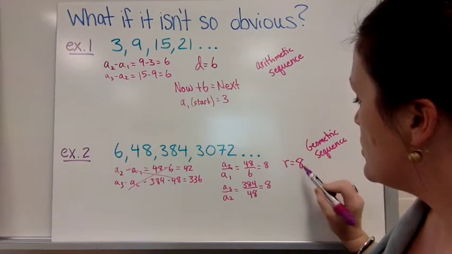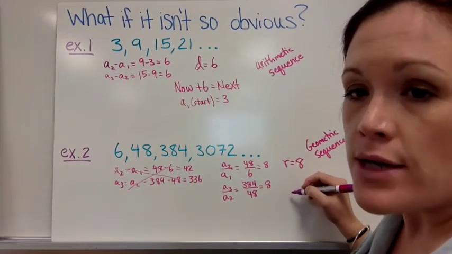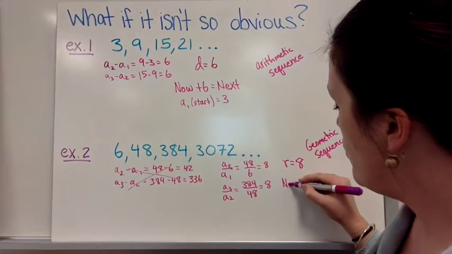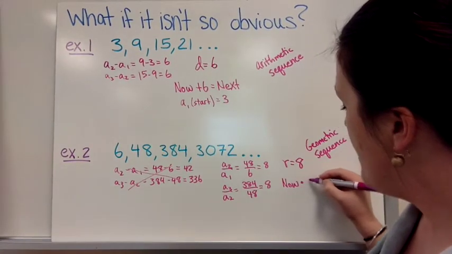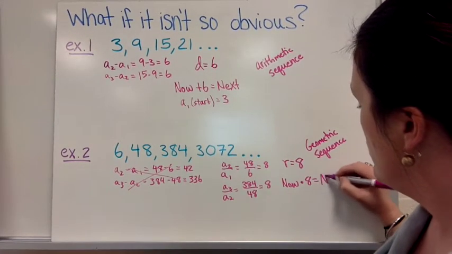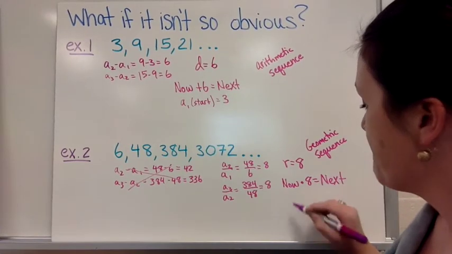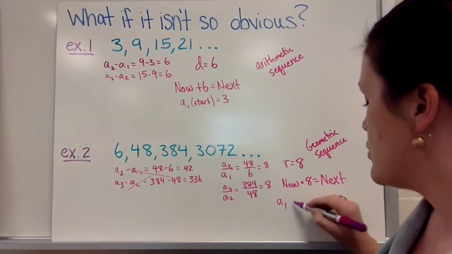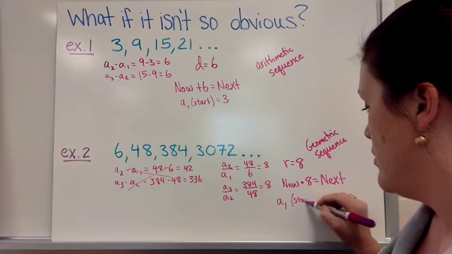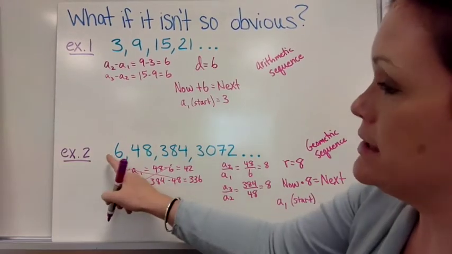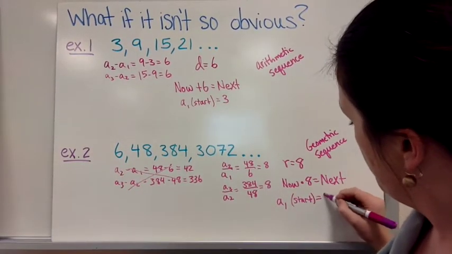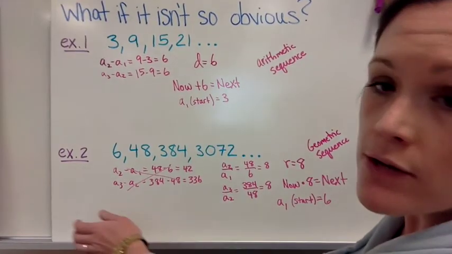So ratio was 8. Our now next equation would look like now, whatever you have now, times 8 would give you the next term. And a sub 1, or your starting value, was 6. All right, so let's look at a few more.